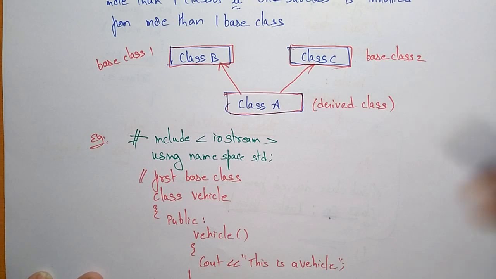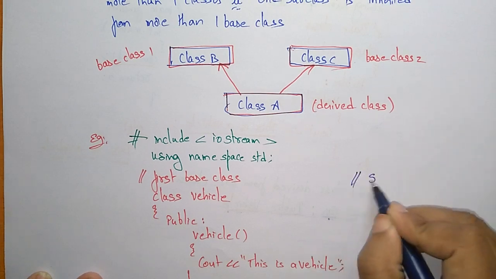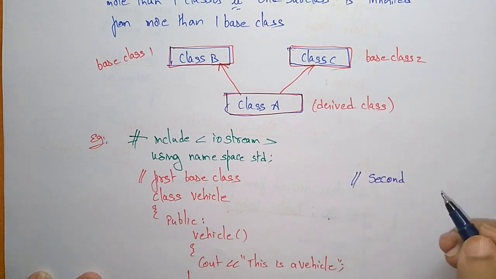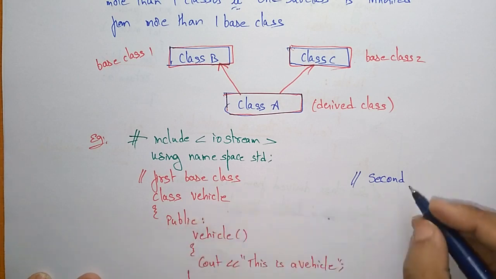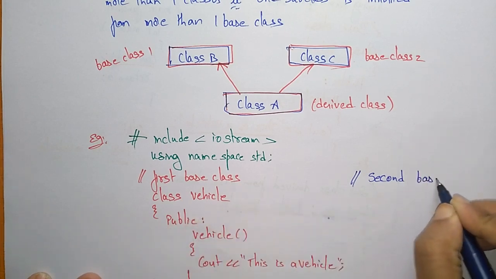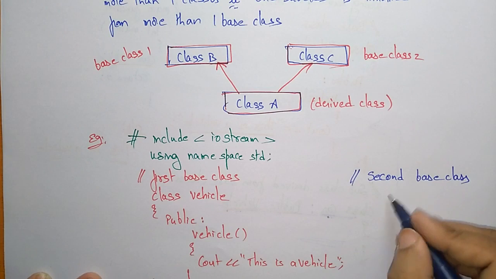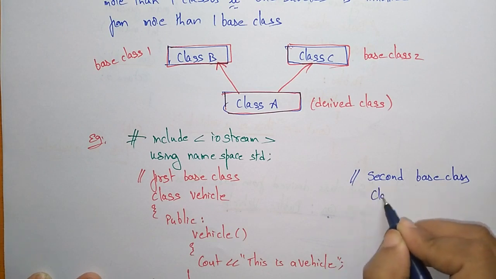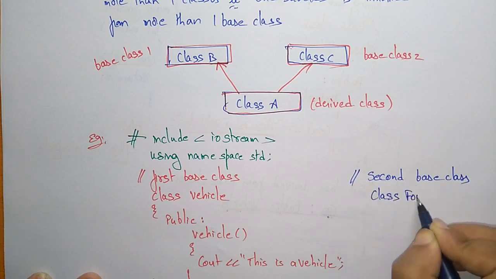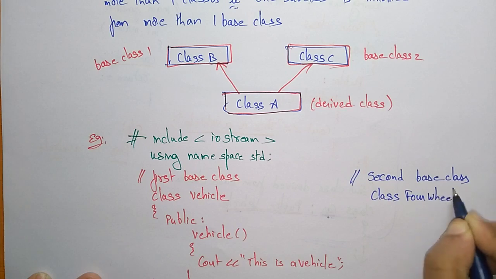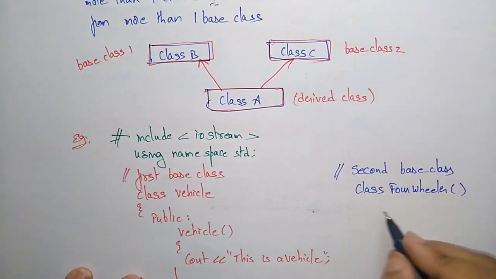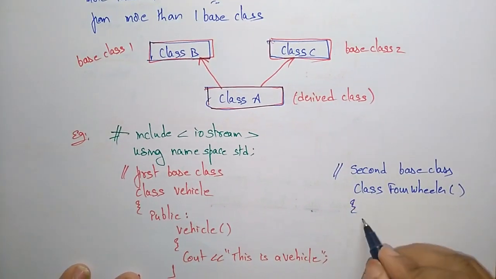Now I am writing the other base class, the second base class. Because this is multiple inheritance, I am creating two base classes. The second base class name is class four-wheeler.